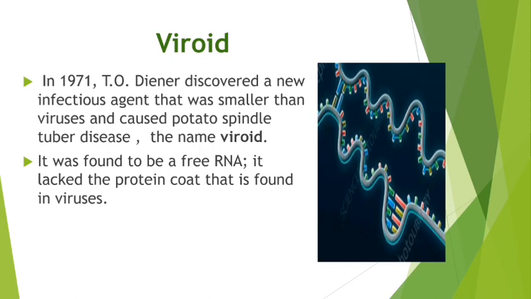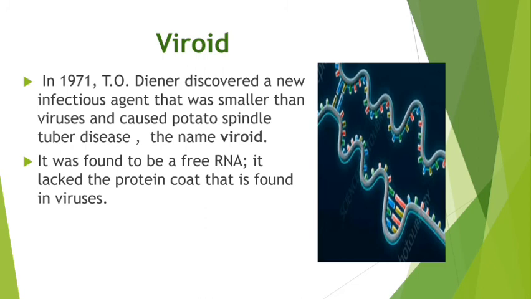So a viroid is made up of free RNA. Always keep in mind that a viroid contains only free RNA, and nothing else. Can you imagine? Just a free RNA, and this is a structure that can act as an infectious agent, a disease causing one. Clear? And it lacks the protein coat that is found in a virus.